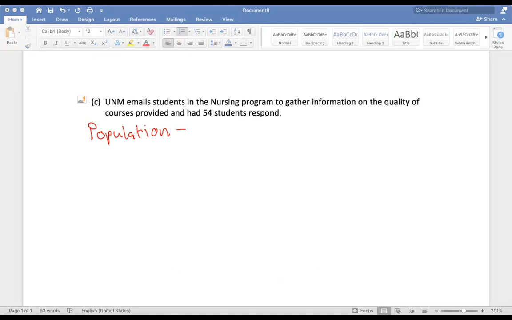So we are trying to collect data on students, only emailing students. They're not emailing faculty. So they're not emailing everybody involved in the nursing program, only students. Students in the nursing program at UNM.